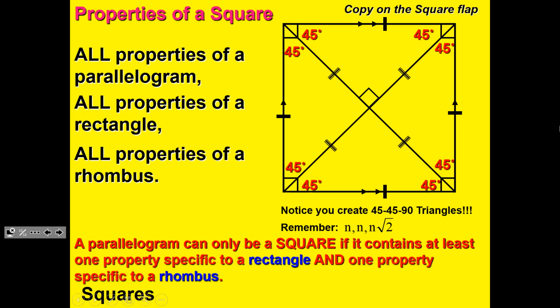And we're only going to do one example picture. So on the top half of the flap, you want to go ahead and draw yourself a picture of a square. We're going to solve for one missing piece in our square.